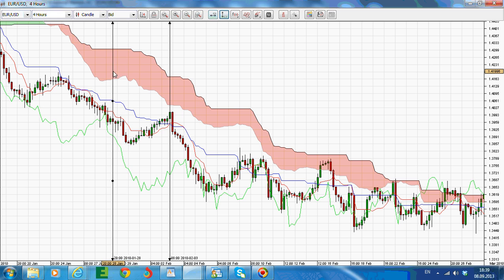It is extremely important because one of the main characteristics of the cloud is to offer support and resistance for future price action. So a trader has a visible idea, an educated guess, about the possible support and resistance area given by the cloud 26 periods ahead.